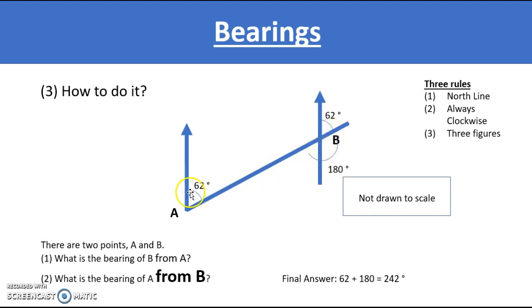Because this angle and this angle, if you just extend the line a little bit, are exactly the same. And looking from the bottom, it's actually 180 degrees. So if you add the 2 together, we're going to get 242 degrees as our answer. So once again, north line, so you have the point north line, always clockwise, in this case this way, and 3 figures.